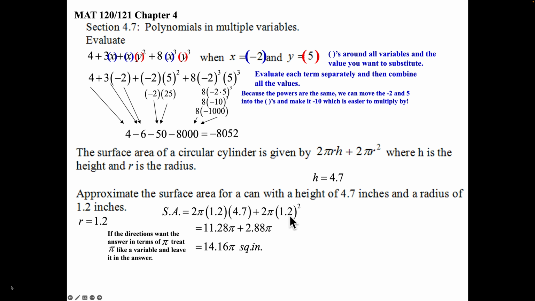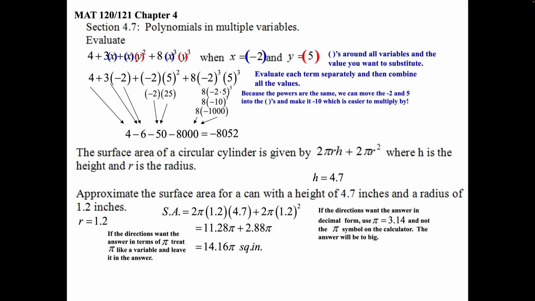We'll go 1.2 times 1.2 times the 2 is 2.88. Keep the pi symbol, combine them together because they're like terms to come up with 14.16 pi, and because it's area, it's square inches.